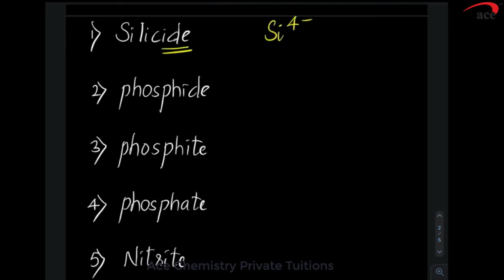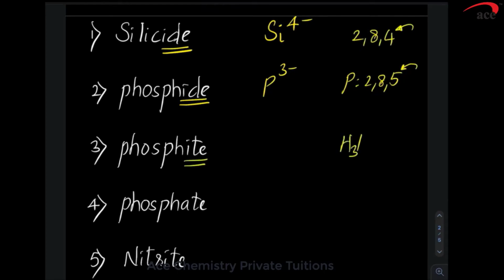Silicide, elemental anion. Ide means elemental. So Si 4 minus. Phosphide, it's also elemental. So P 3 minus, because you know phosphorus is 2, 8, 5 and requires 3 electrons more to complete. Silicon is 2, 8, 4 and requires 4 electrons. Phosphite comes from phosphorous acid, therefore PO3 3 minus.